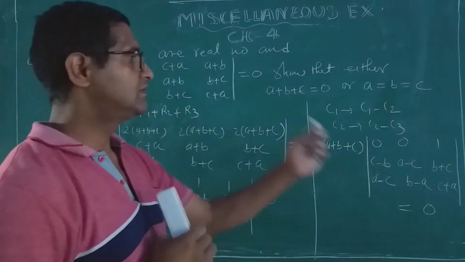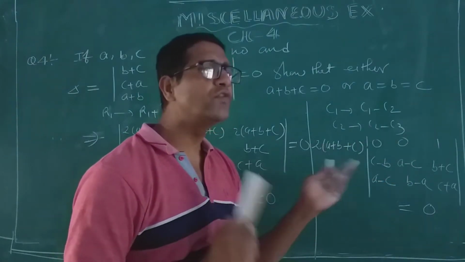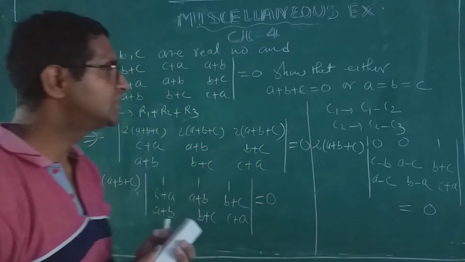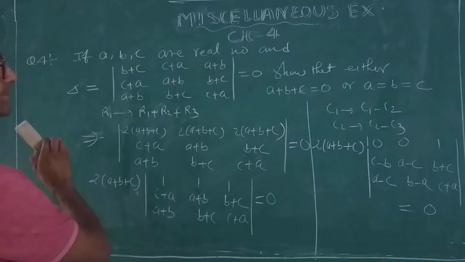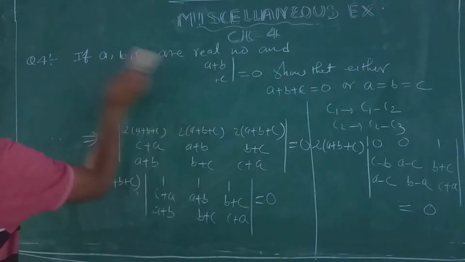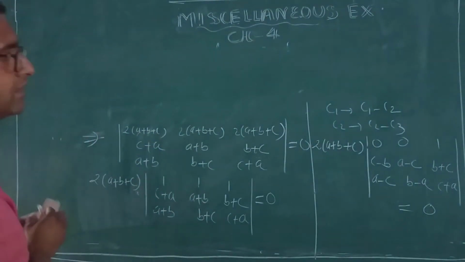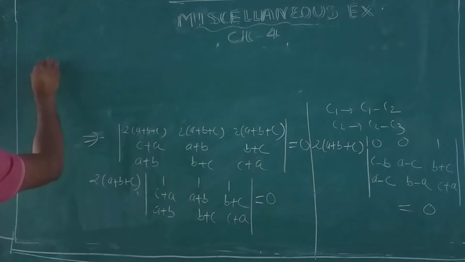Since there are two 0s in the first row, you can expand this determinant with respect to the first row. Okay. Now expand with respect to the first row: twice (a plus b plus c).